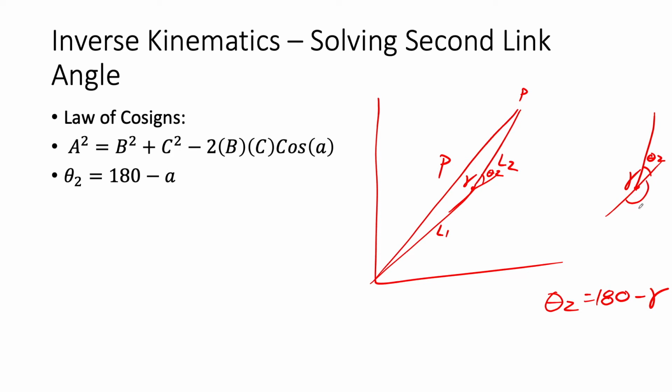Because this angle we know is 180 because it's a straight line that's being bisected between angle gamma and angle theta 2. So if we can solve gamma, we can solve theta 2. And we can solve gamma using the law of cosines.